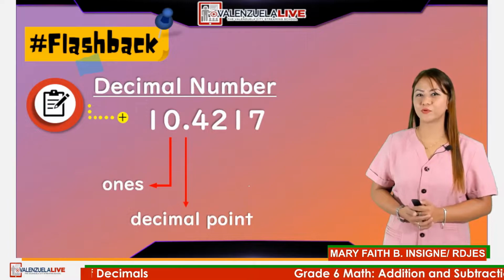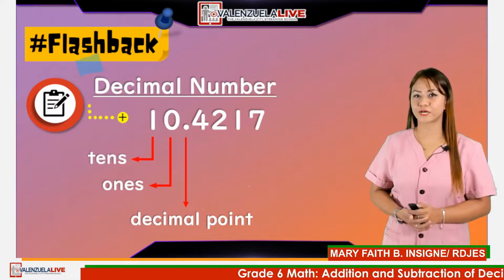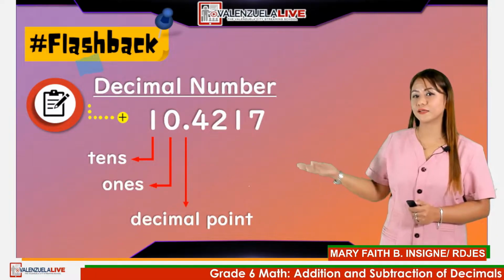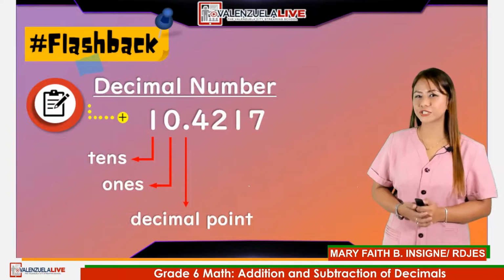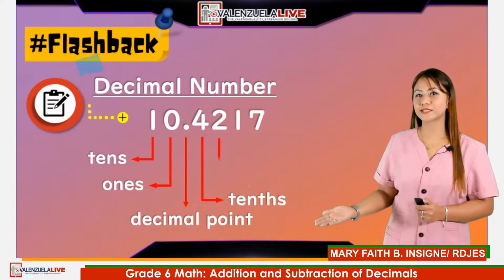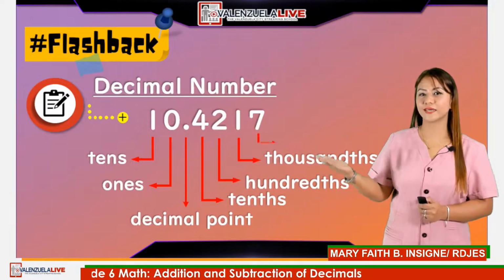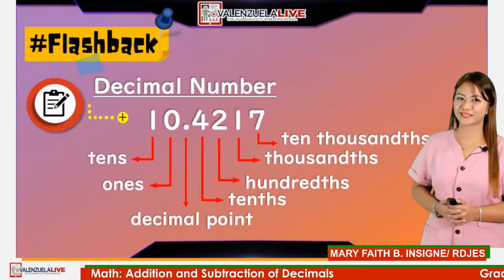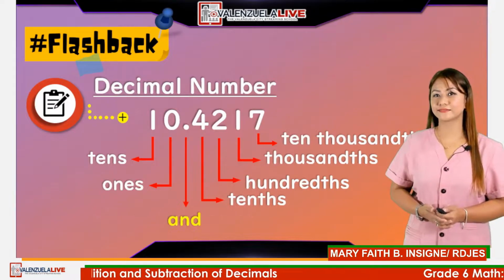In this example, the places on the left side, the whole number part, begin with ones and tens. The places on the right, or fractional part, begin with tenths, followed by hundredths, thousandths, and ten-thousandths. The decimal point can be read as "and."